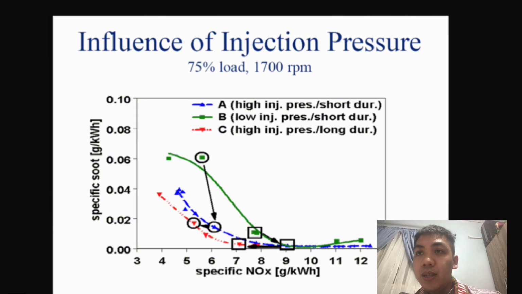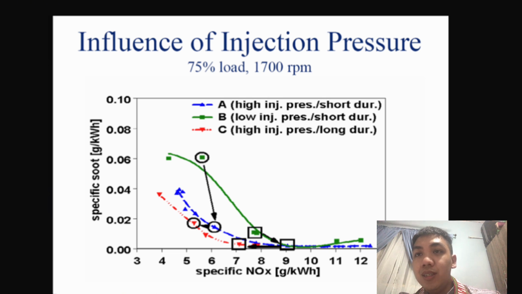Here we can see that B, which has low injection pressure but short duration, has the highest specific soot in the graph versus time. Meanwhile, A has a lower specific soot but over a longer time.